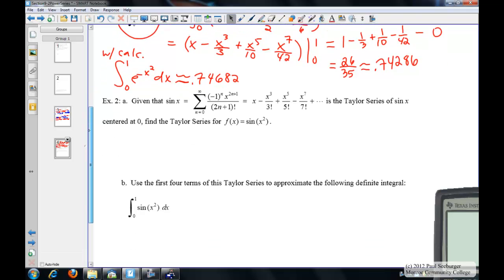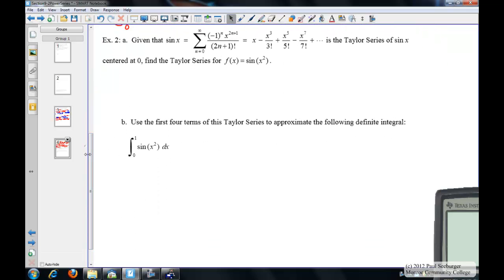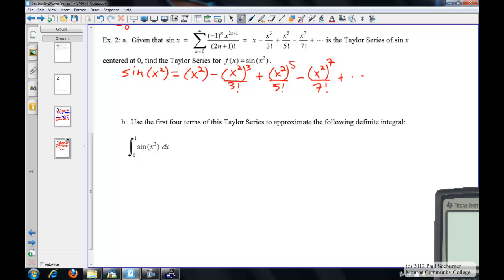Let's go through what we have here. See what you've come up with so far. So let's see. For sine of x squared, we're going to end up replacing x with x squared in there. We get x squared minus x squared cubed over 3 factorial plus x squared to the 5th over 5 factorial minus x squared to the 7th over 7 factorial plus dot, dot, dot.